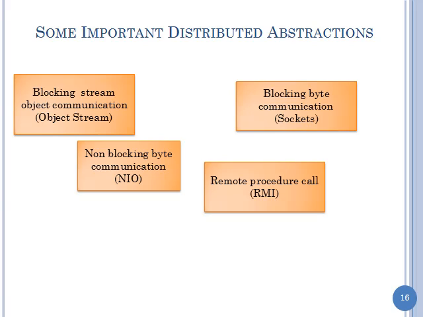Remote procedure call, what might that be? A lot of you like object-oriented programming. Can you relate remote procedure call to object-oriented programming? They don't have to be related, but in Java they are. Maybe if you have an object stream, you could send an object and then say, call this method on this object.